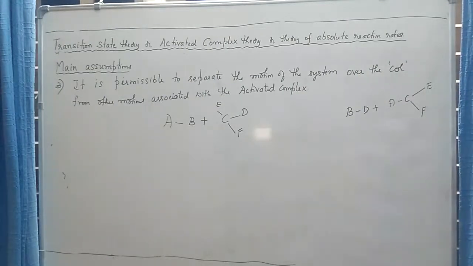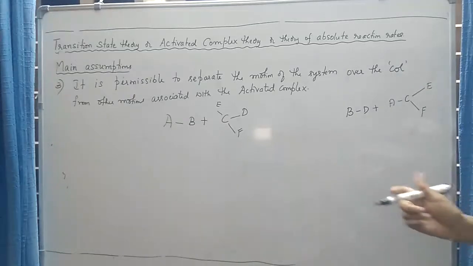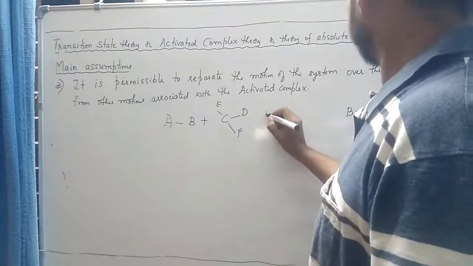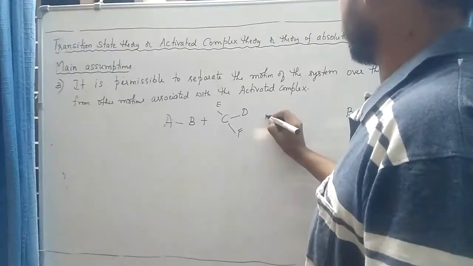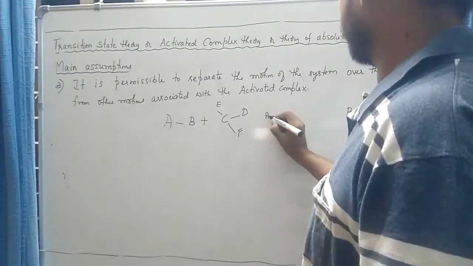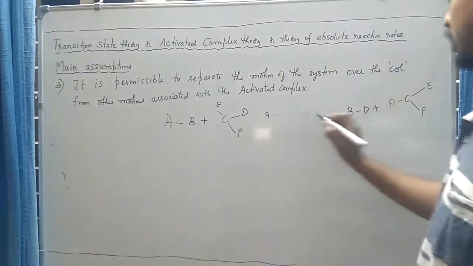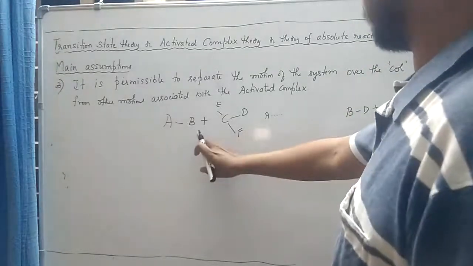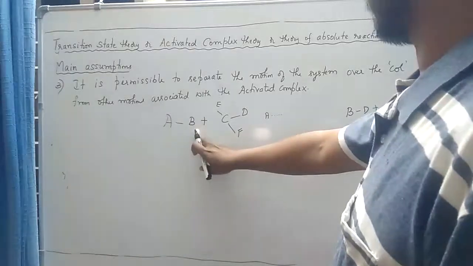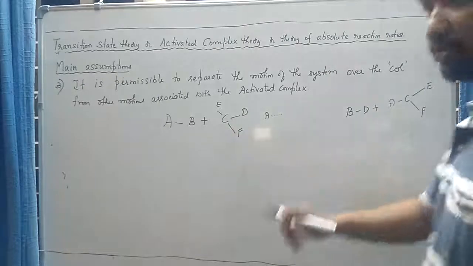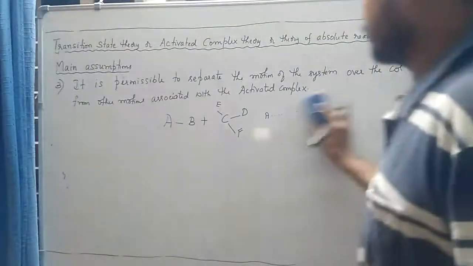So this is the reaction. Here the activated complex has to pass through a state something like this. The bond between A and B is broken, here the bond between C and D should be broken. This is very complicated, this will lead to a lot of confusion.